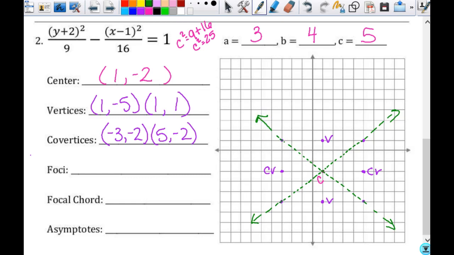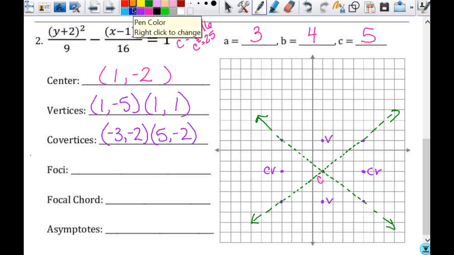So there are my asymptotes. I now need the focus.